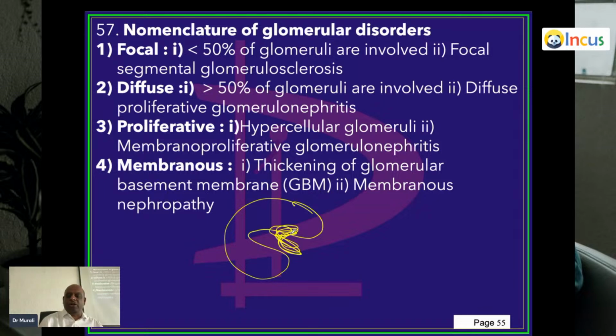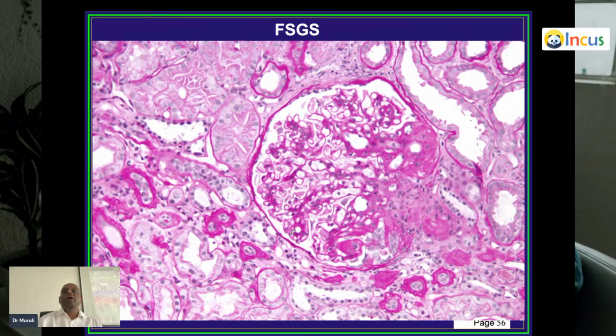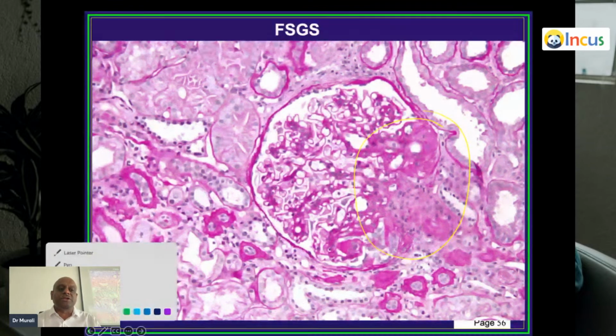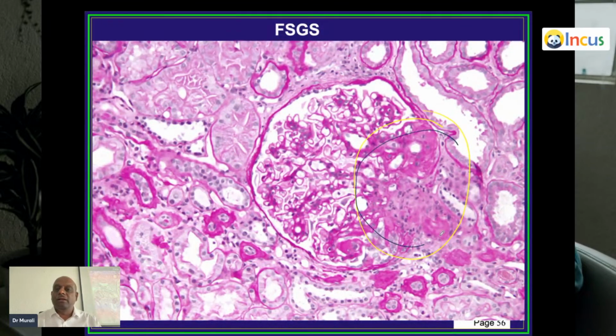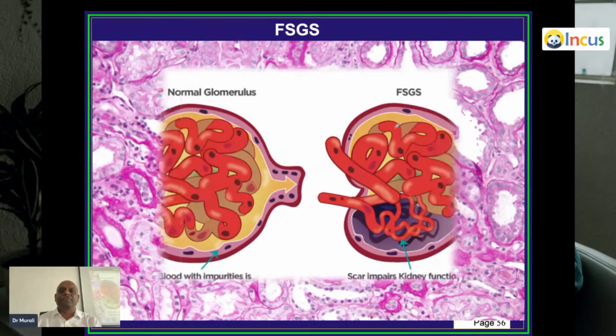Clear terminology? So what is this called? Focal segmental. Focal because less than 50% glomeruli involved. And all this is what? Sclerosis. Fibrosis is sclerosis. Focal segmental glomerulosclerosis का histology is like this.